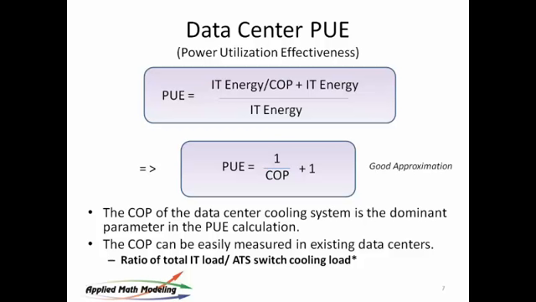It means that we're using about 20% more energy than is driving the IT equipment to drive the cooling system, because the cooling is efficient. Yep, that's correct. It's working well, because it's measured by the COP.